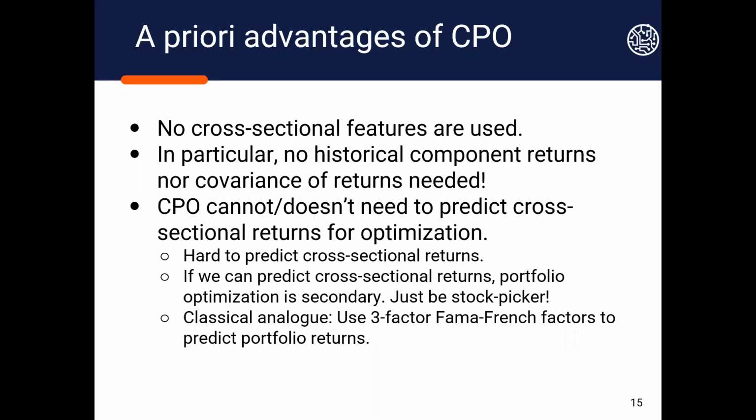If you're thinking about how to understand this, we are essentially using the machine learning equivalent of a three-factor Fama-French vector to predict portfolio return. Imagine you have a portfolio of 1,000 stocks, and Fama-French would be only using 3 variables to predict what their returns are. It was never very accurate, right?